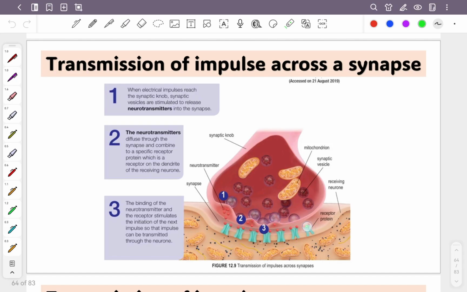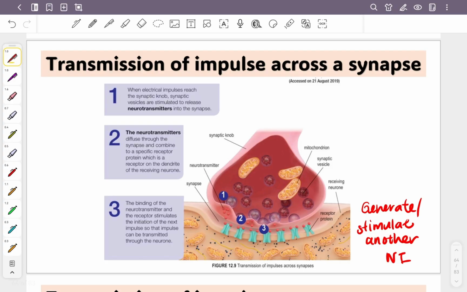After it binds with this little receptor, it's going to generate or stimulate another nerve impulse. Okay? So neurotransmitter diffuses through the synapse and combines with the receptor. The binding of neurotransmitter stimulates the initiation of the next impulse. So the nerve impulse can keep on flowing. Understand?